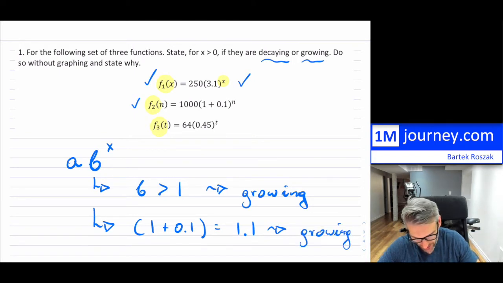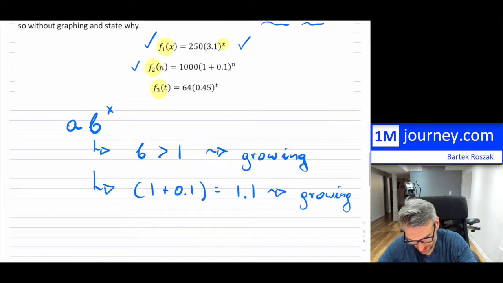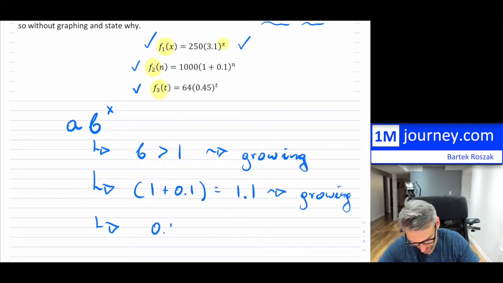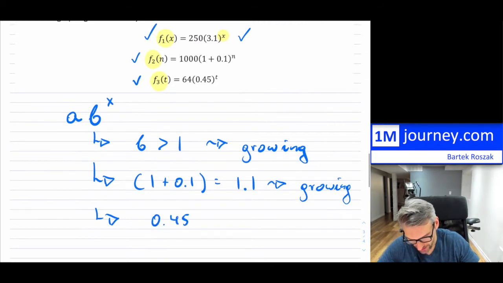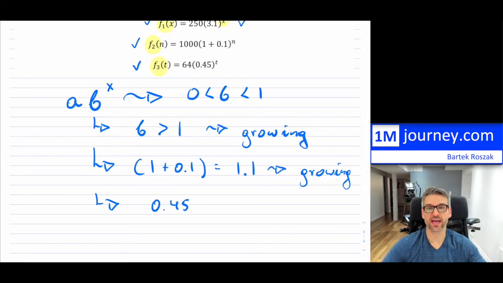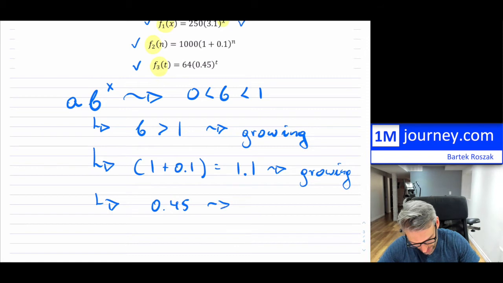For the third function, what is our base? Our base is 0.45. Now, what do we know? We know that if b is between 1 and 0, then those functions are actually decaying. So they're going to be slowly decaying towards 0. So for this one, it's going to decay.